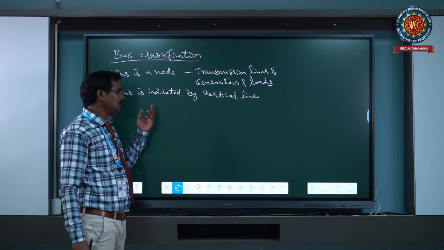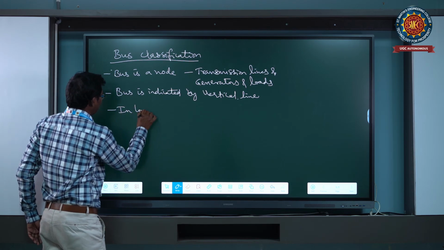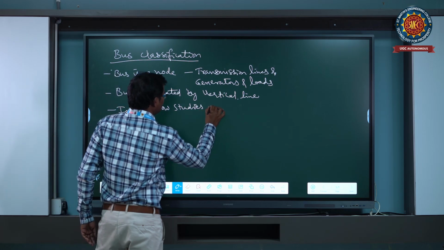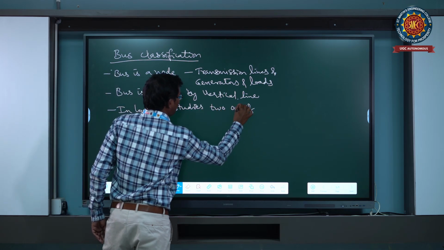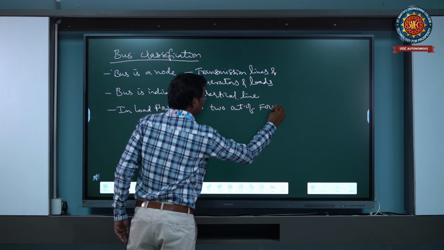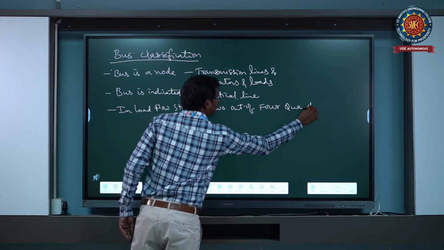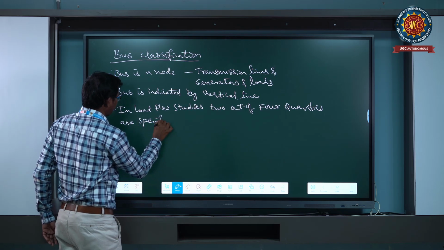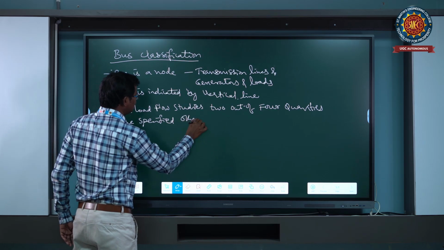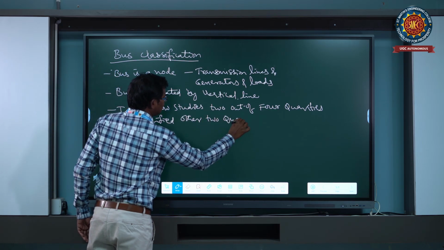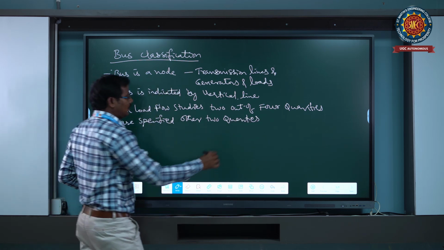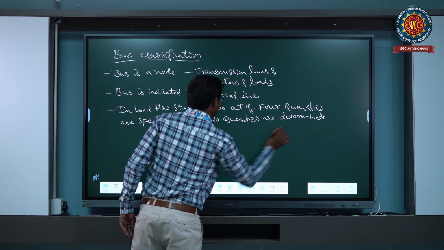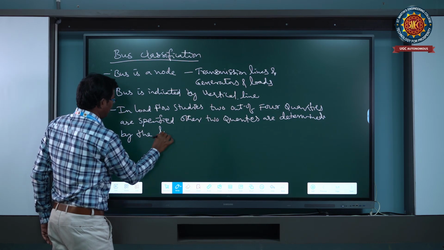What are the quantities in the load flow studies? In load flow studies, two out of four quantities are specified, and the other two quantities are determined by the load flow equations.